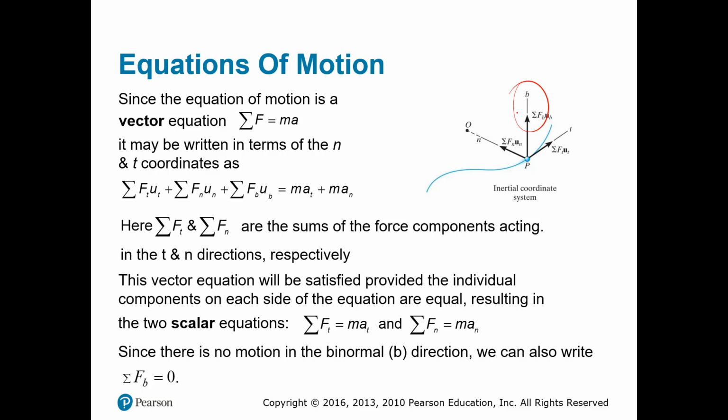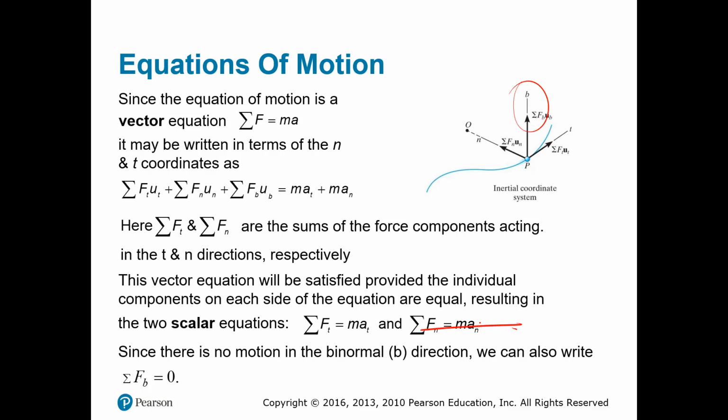Here, the sum of Ft and Fn are the sums of the force components acting in t and n, which are the tangent and normal directions respectively. These vector equations will be satisfied provided the individual components of each side of the equation are equal, resulting in two scalar equations right here.